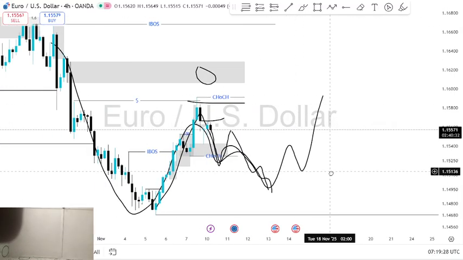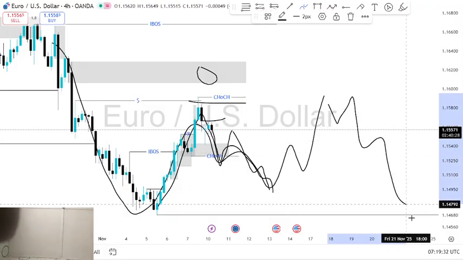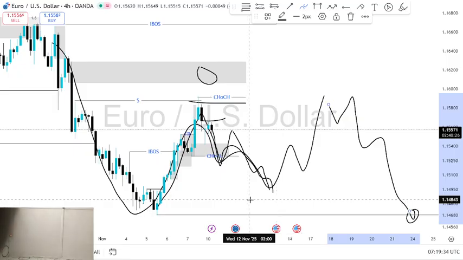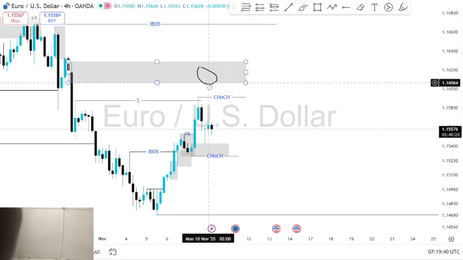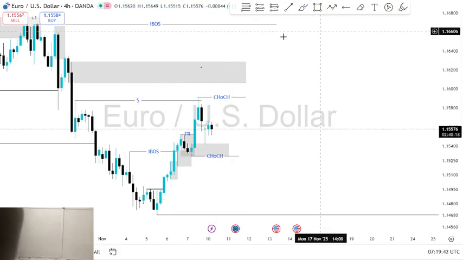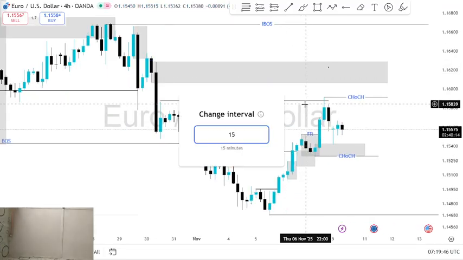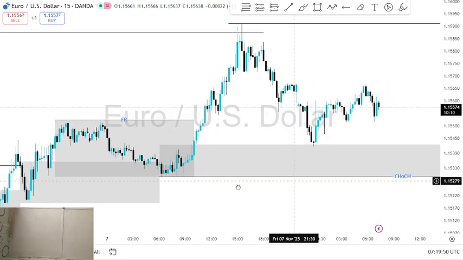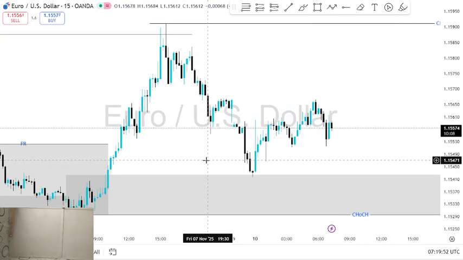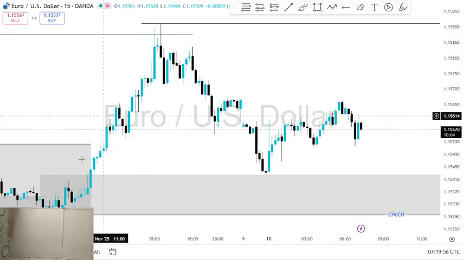Before we continue, maybe we will continue the move, we will break this. So on the 15 minutes, you can see this is one swing move.